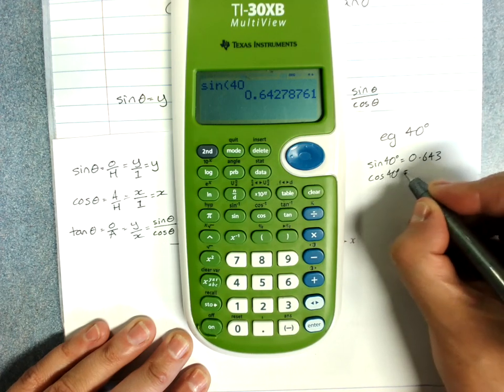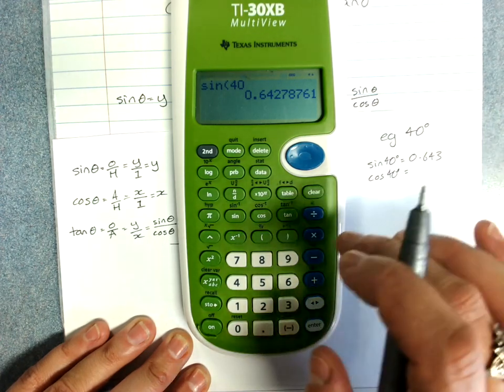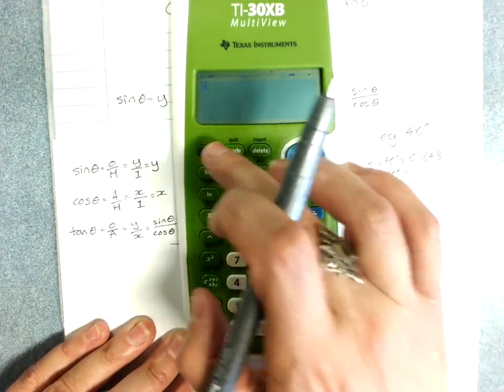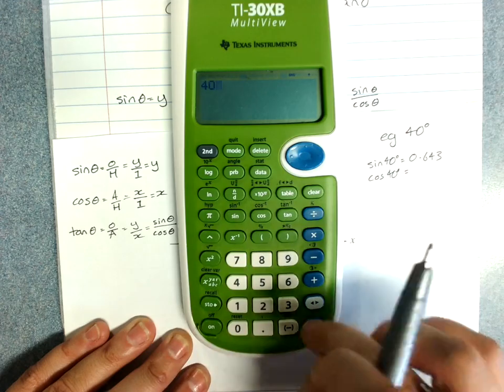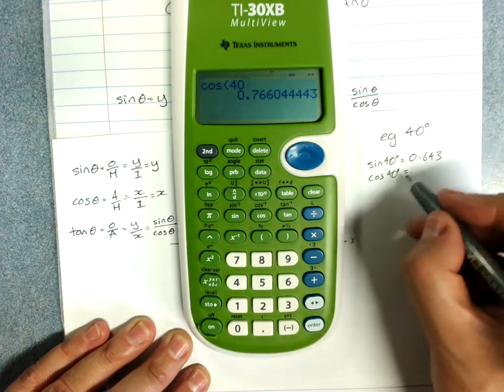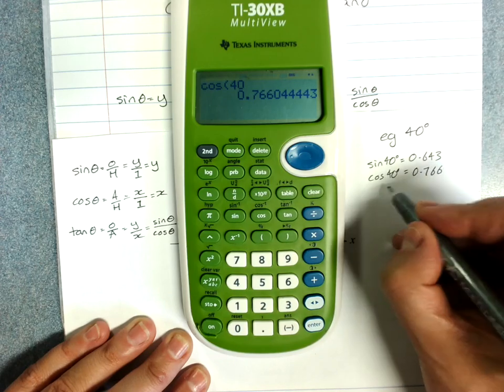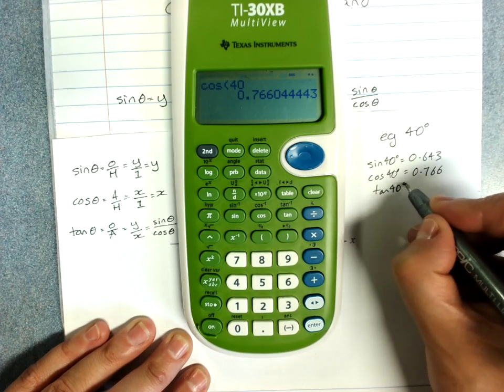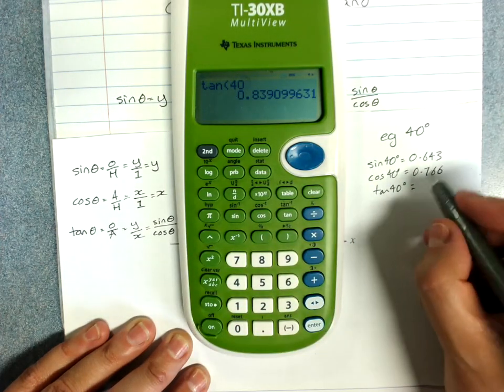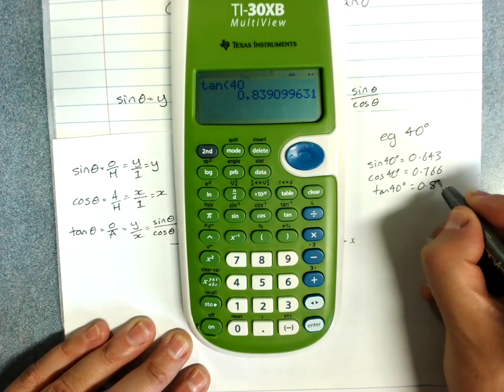Cos of 40 degrees is 0.766. Tan of 40 degrees is 0.839.